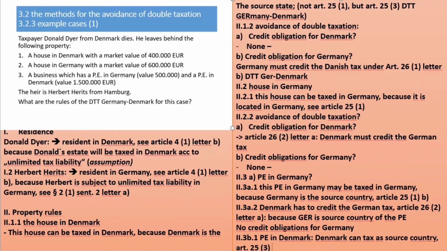That was 25.3 because 25.1 was only for cross-border PEs. All the rest, for example, all the property of a Danish deceased in Denmark goes to Denmark in the first step. So there was no problem there. And then Germany has to credit the Danish tax. That was under Article 26.1. And let's look for the letter again.